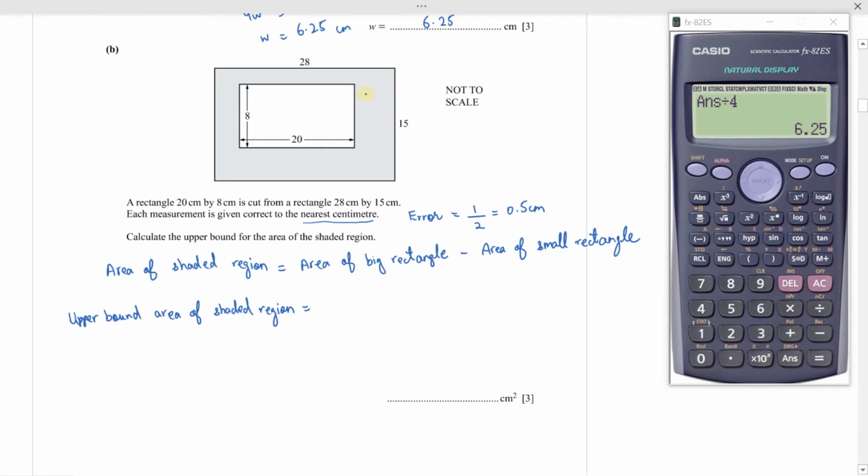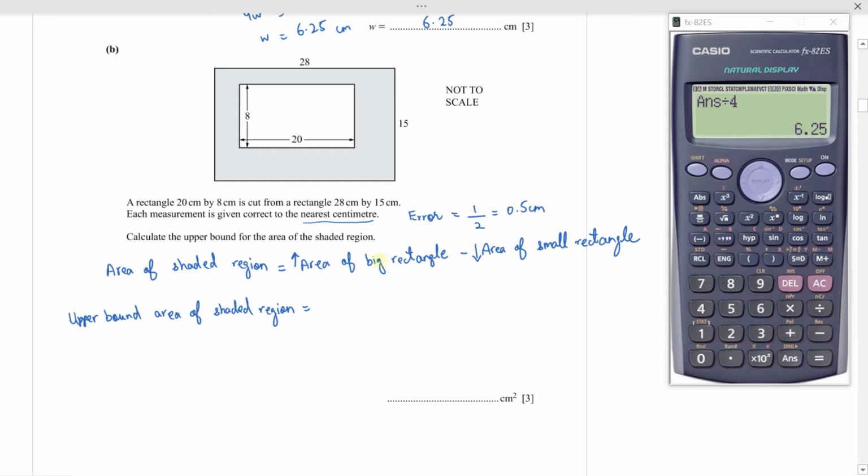Since our shaded area is the area of this big rectangle minus the area of the small rectangle, I have this value here, which is the area of the big rectangle, and I'm subtracting the area of the small rectangle. So how can I maximize this value? I can maximize this if I take the maximum possible area of the big rectangle and the minimum possible area of the small rectangle.